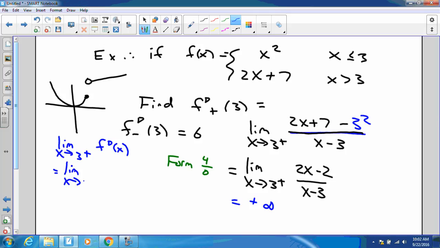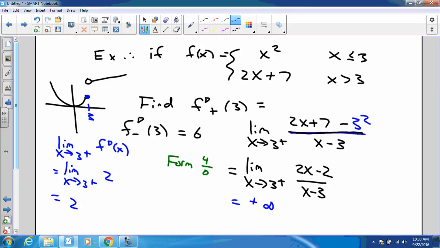The limit as x goes to 3 from the right of f prime of x is the limit as x goes to 3 from the right of 2, which is just 2. But the derivative from the right is not 2. Why not? Because right at x equals 3, my function has to make an infinite rate of change, a vertical jump, in order to go to the next piece.